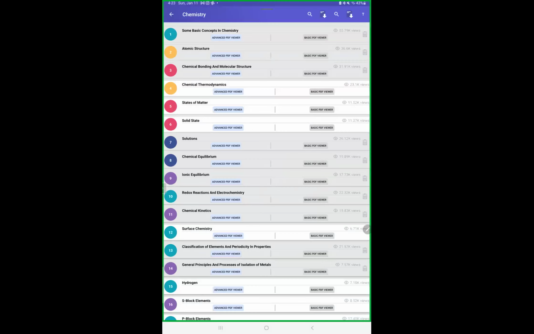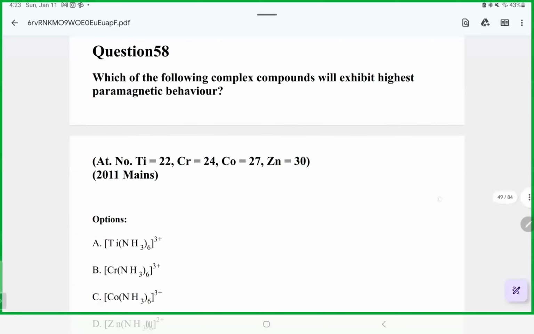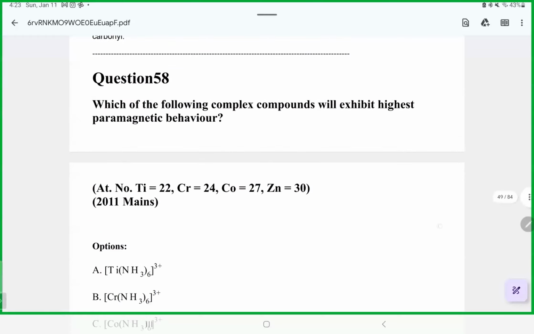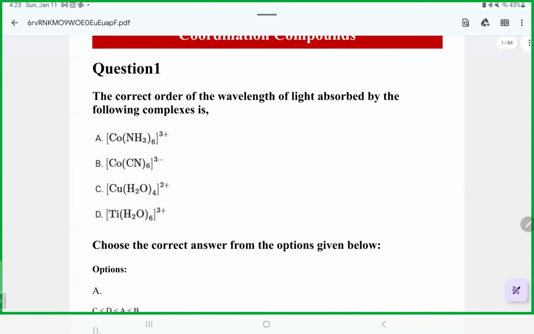in the NEET question. NEET coordination compound. Do first question. Correct order of wavelength.